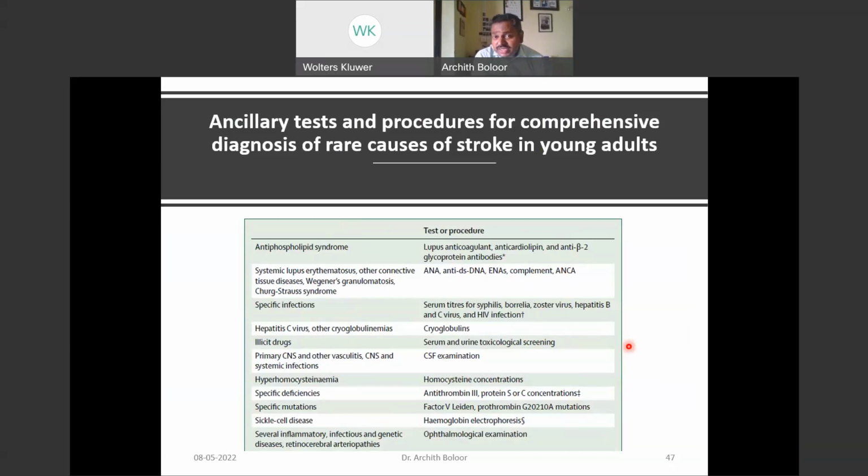As I told you, you have to do a comprehensive diagnosis because the causes can be rare. So APLA is mandatory, lupus, ANA is mandatory, HIV ruling out is mandatory, VDRL is mandatory.